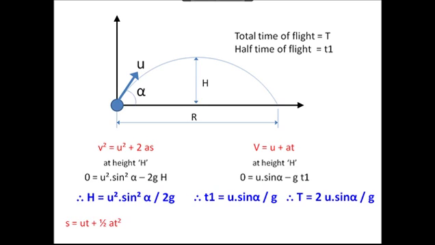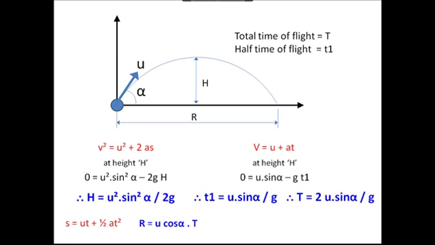Now let's say we are interested in finding the range r, that is the horizontal distance. What you use is s is equal to ut plus half at square in the horizontal direction. In the horizontal direction, the initial velocity is u cos alpha, times t, and we substitute the total time of flight, which we just derived.